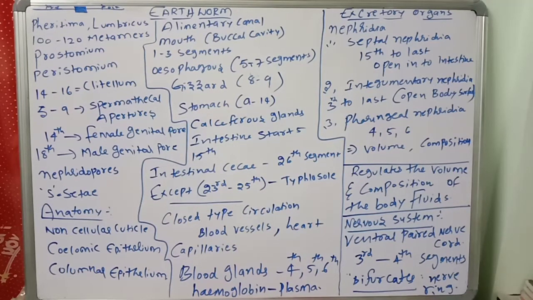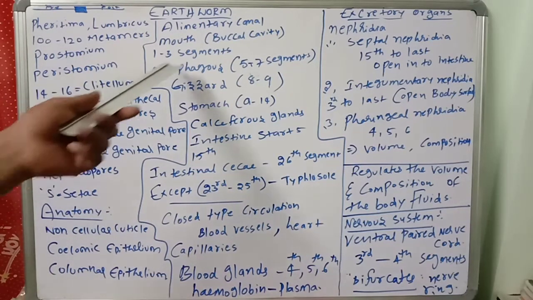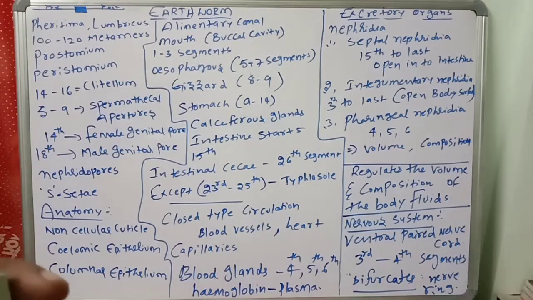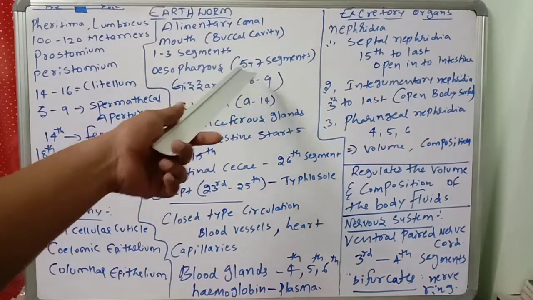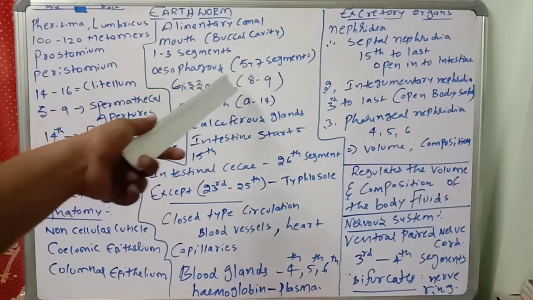Clitellum 14th to 16th segment. Spermathecal apertures 5 to 9. Female genital pore 14th, male genital pore 18th. They also have nephridiophores. Buccal cavity 1 to 3 segments. Esophagus 5 to 7. Gizzard 8 to 9.